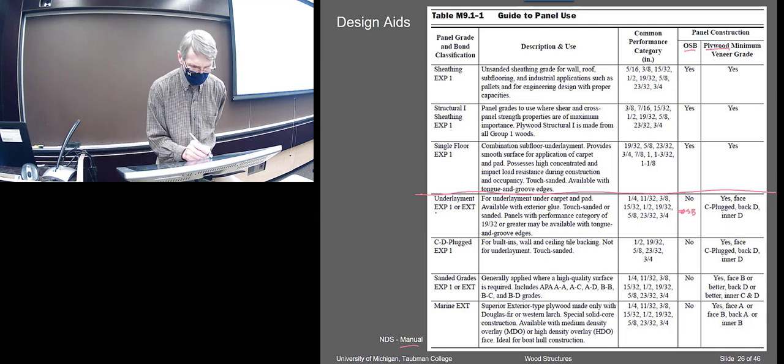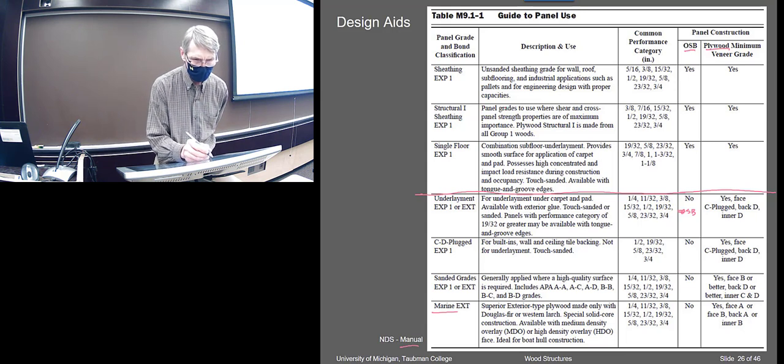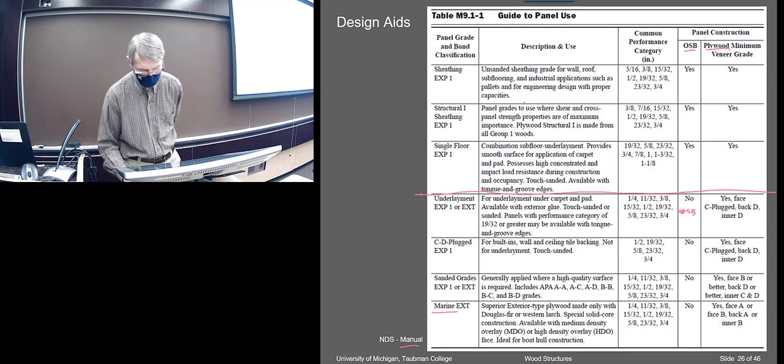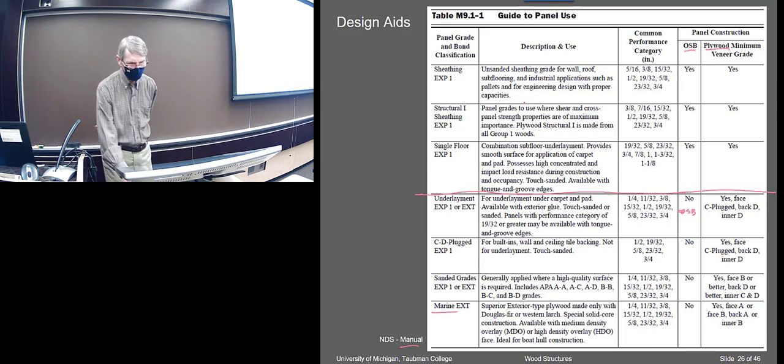These don't meet the OSB, where it usually is the exterior, the higher marine grade, and these are the ones that have to be more water resistant, I guess. Right, and I think this is almost the same as that other table we looked at, and the thicknesses they give you in there.